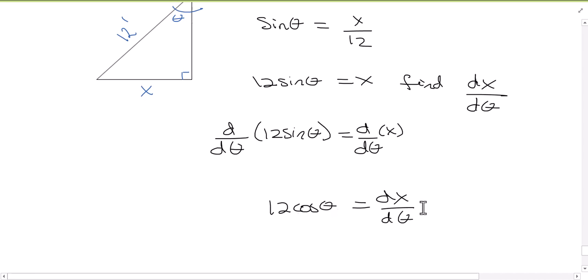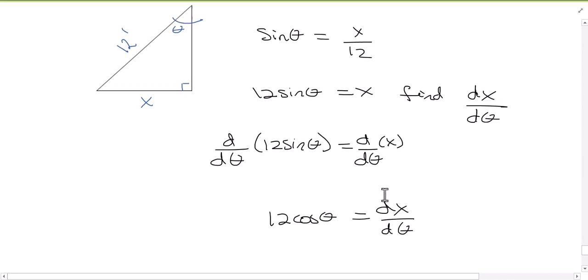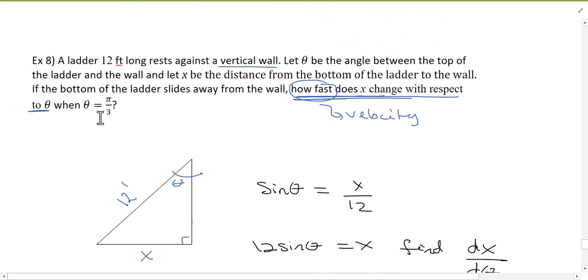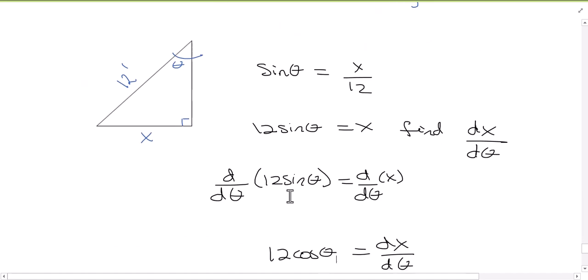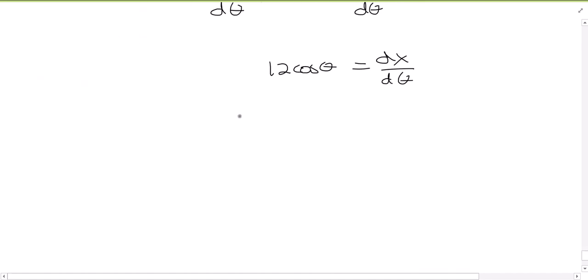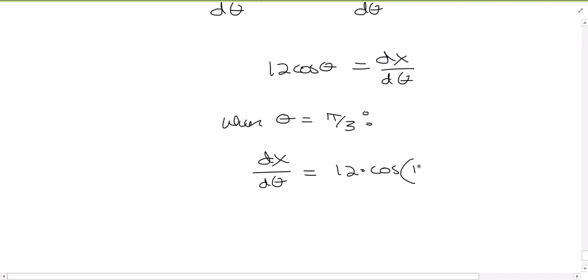Now this is my rate of change, the rate of change of X with respect to theta at any point, and I want to find it when theta is pi over 3. So when theta is pi over 3, what is dx/dtheta? So the rate of change of X with respect to theta is going to be 12 times cosine of pi over 3.